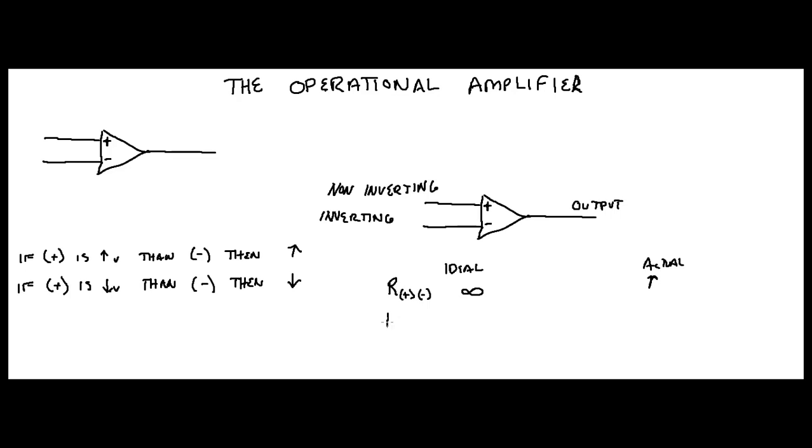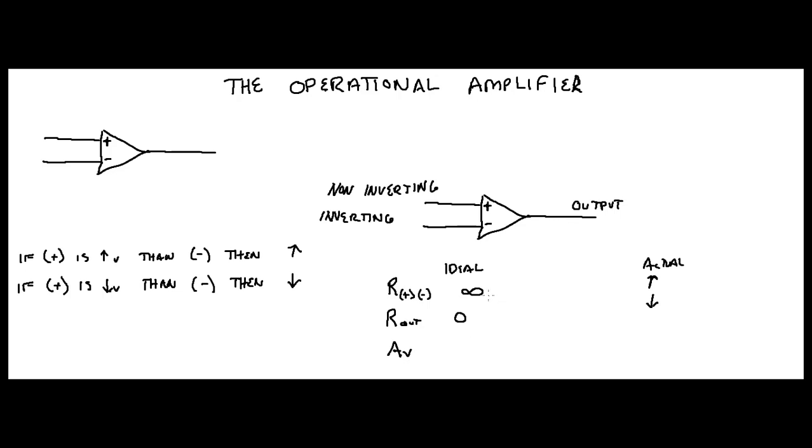If we look at your output resistance or output impedance, for the ideal case it is 0. But in actual, it's just going to be very, very low. Alright? And one last thing, let's talk about the gain.